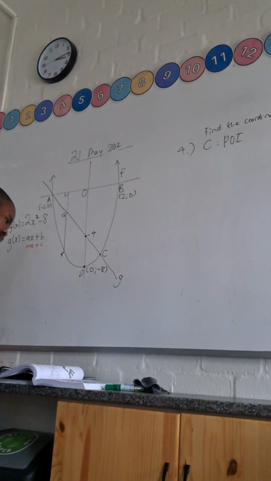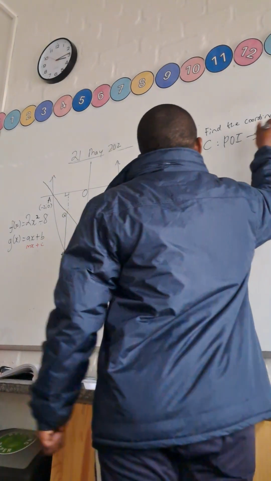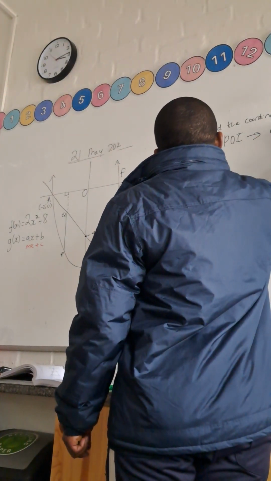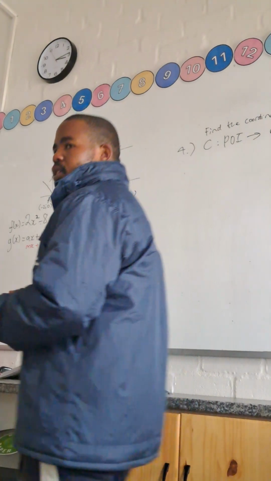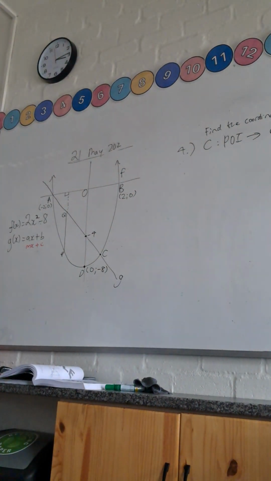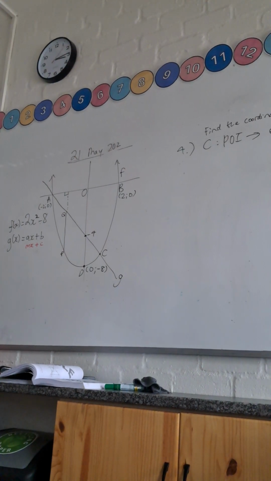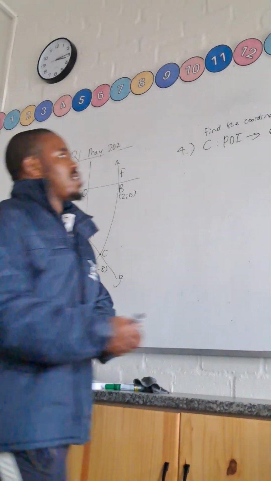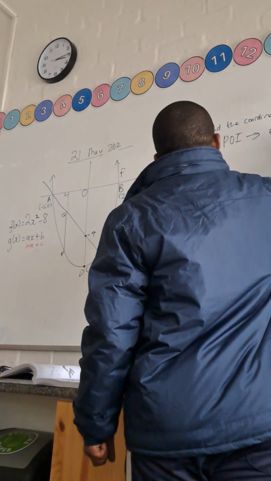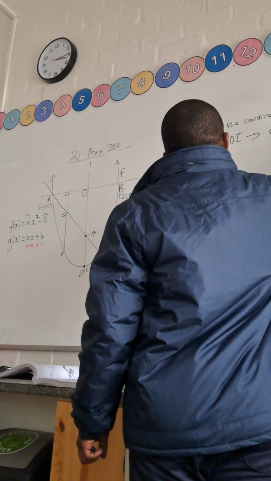So C is the POI, point of intersection. What do you always do when you have a point of intersection? You take the one equation and equate it with the other, and then you solve for x.